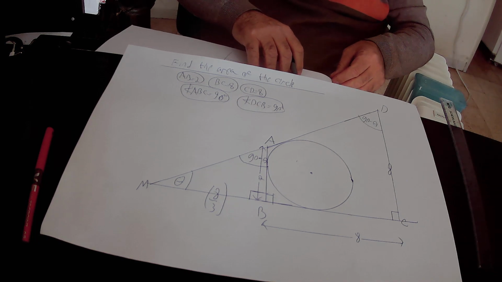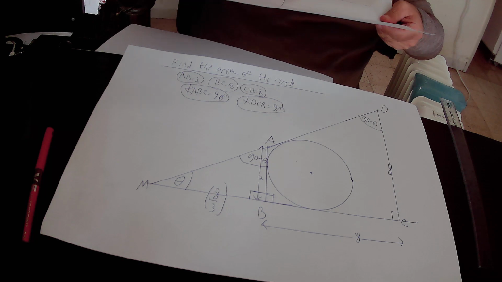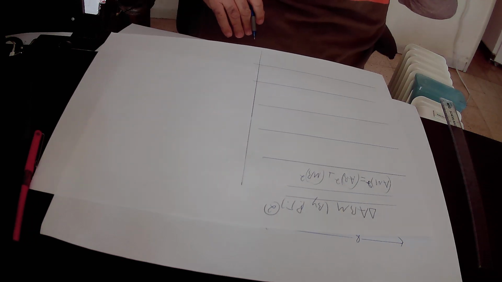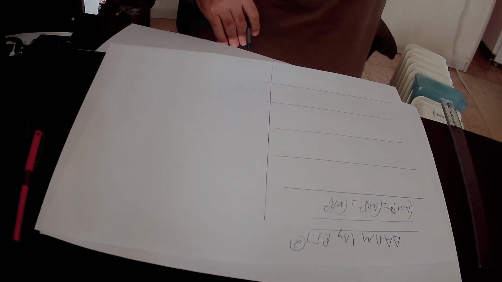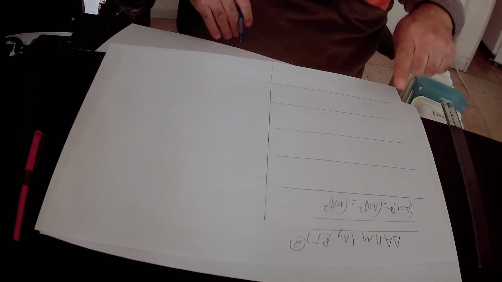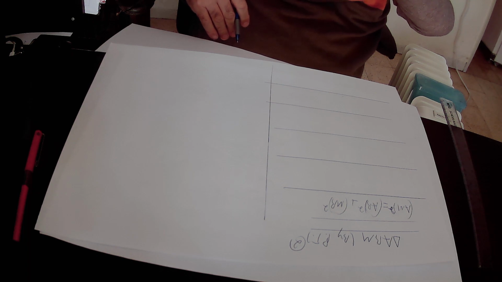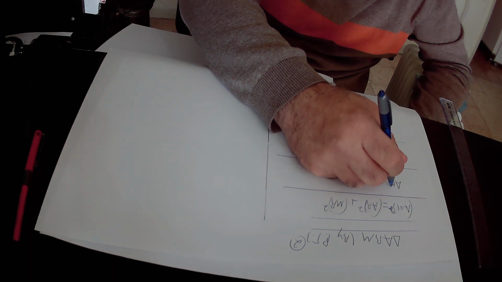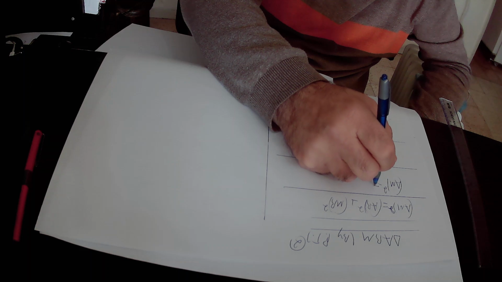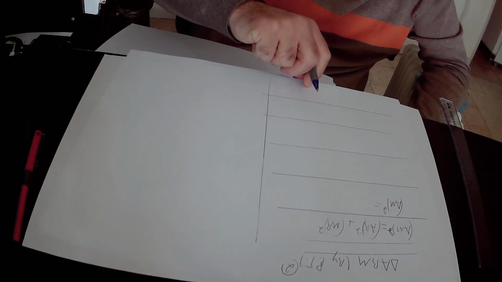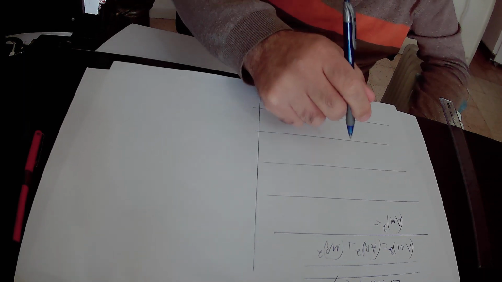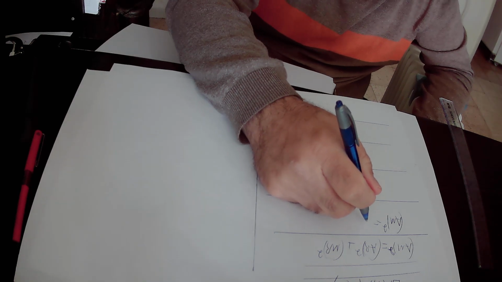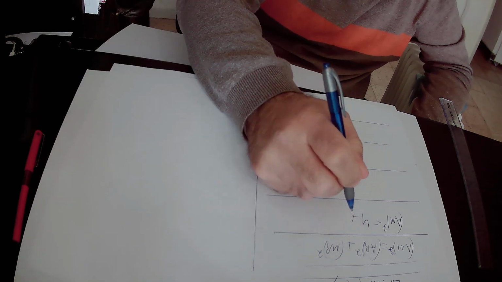So according to the Pythagoras theorem, in the right triangle ABM, AM squared equals AB squared plus MB squared. AB is 2, so AB squared is 2 squared, that is 4, plus MB squared.